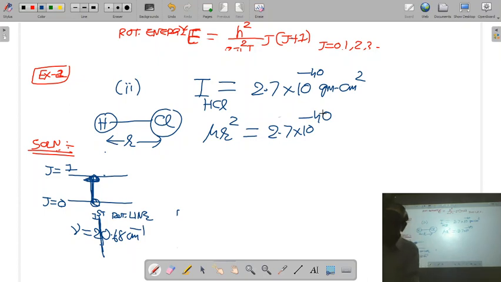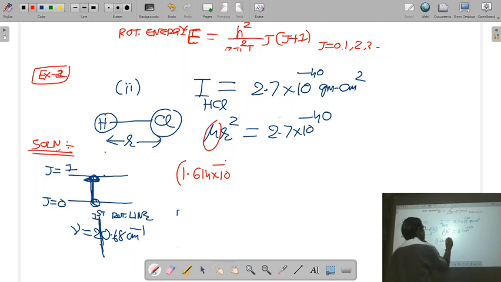I am giving you the reduced mass mu of the HCl molecule, which is 1.614 into 10 raised to minus 24 gram.